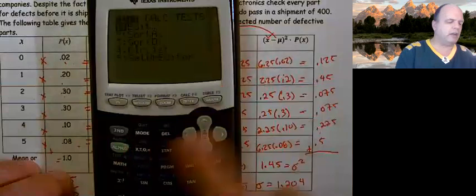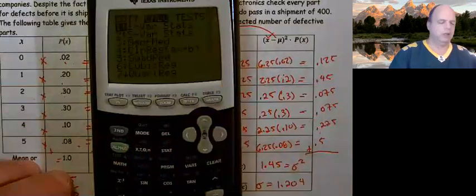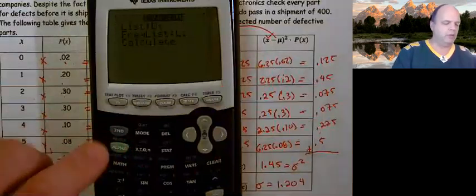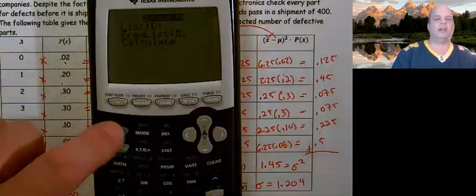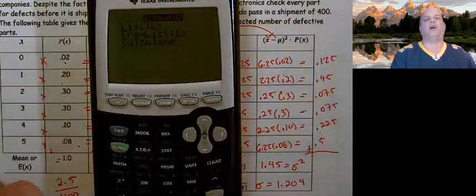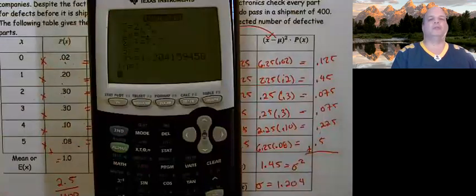I'm going to go stat, arrow one space over to the word calc, press enter. Now my list needs to be second followed by the number 1. Press enter again. Second followed by the number 2. So it's L1 and L2 because that's where my data is stored. My X's are L1, my probabilities in L2.